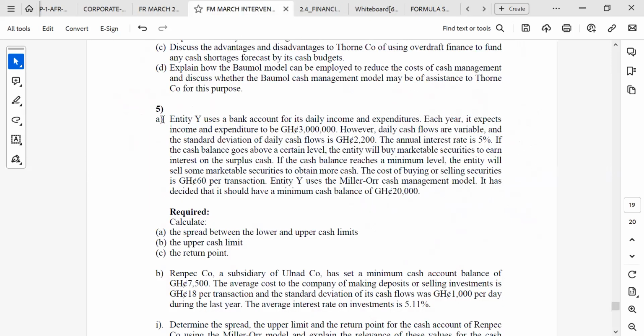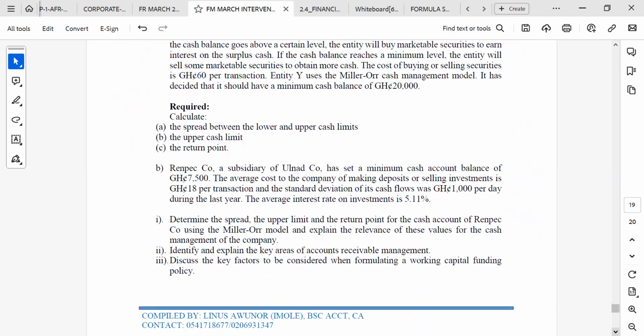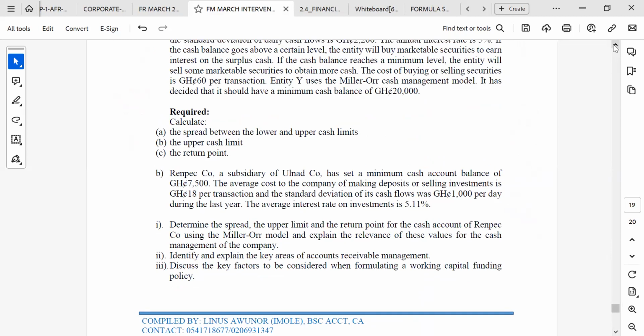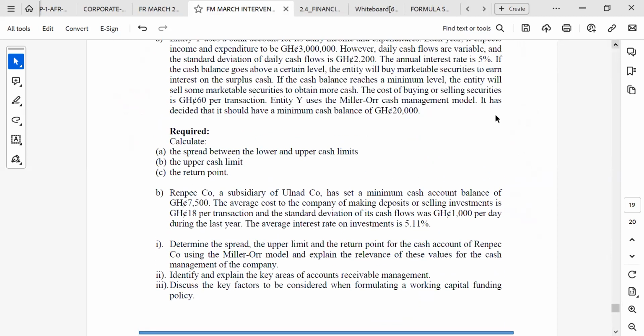Let's take question 5, which is the spread and those ones. So we take the 5. The 5B and these ones, they're all the same.